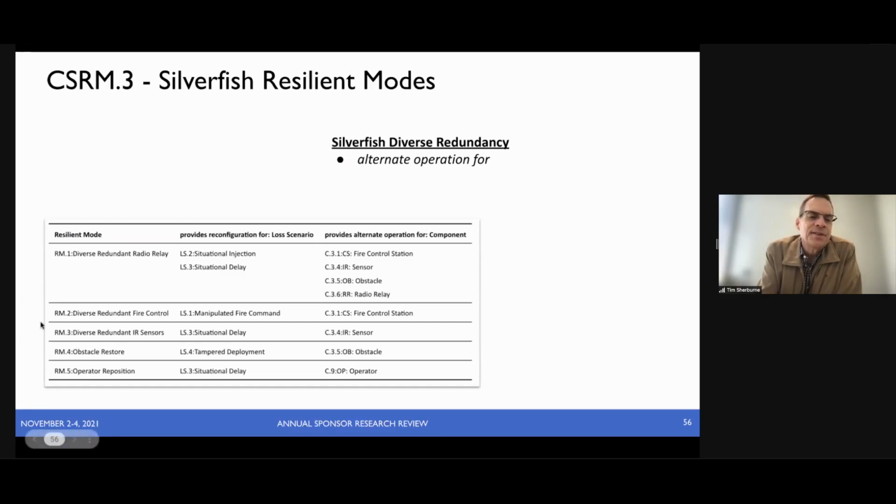So again, specifically for Silverfish, this isn't necessarily everything, but we chose examples that drew out interesting aspects for the system. We looked at diverse redundancy for the radio relay network and the fire control stations.